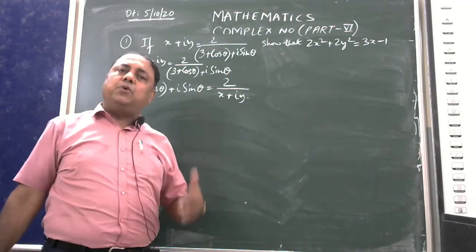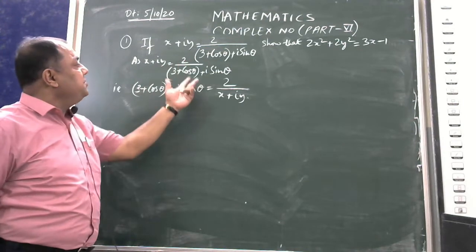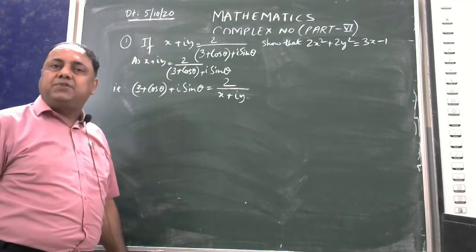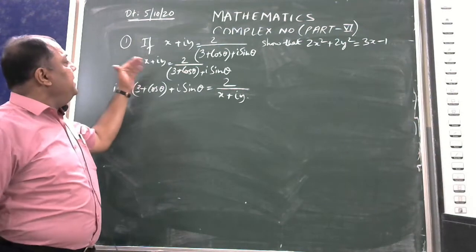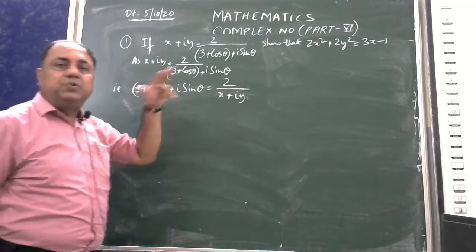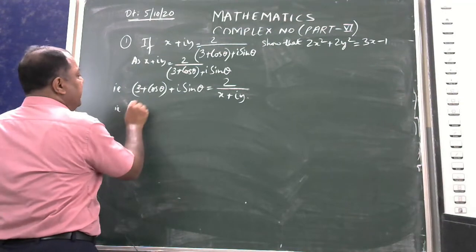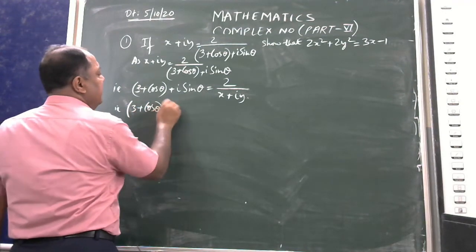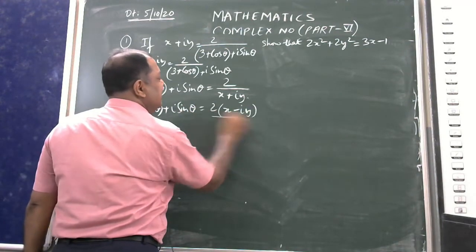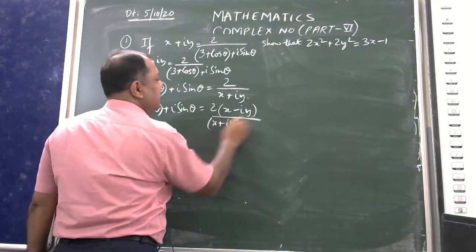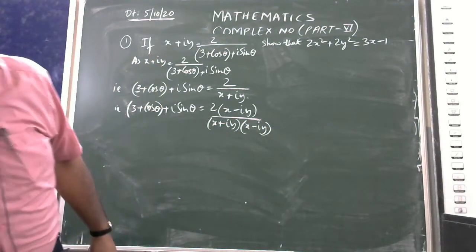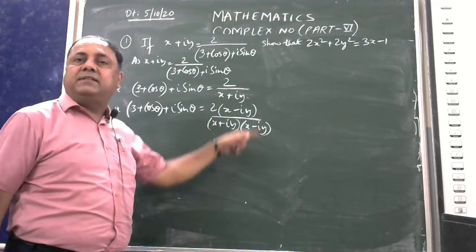The technique is bring this to the numerator, bring this to the denominator, so that 3 plus cos theta plus i sin theta is equal to 2 times x minus iy by x plus iy times x minus iy, multiplying numerator and denominator by x minus iy.